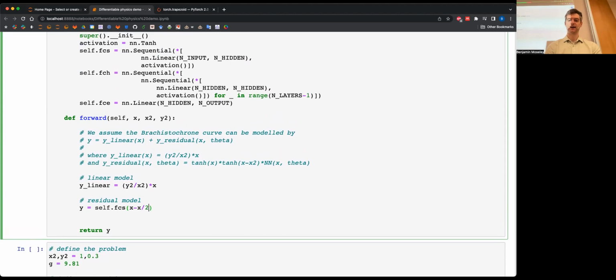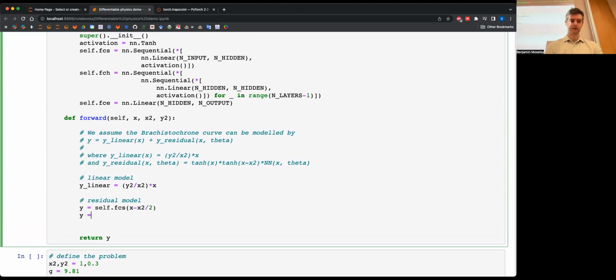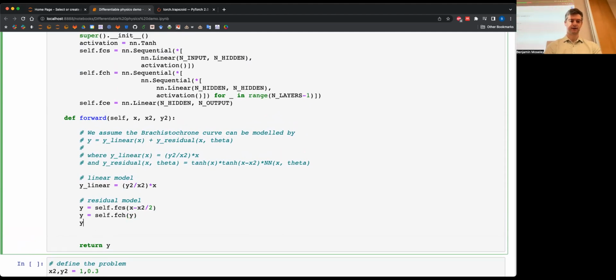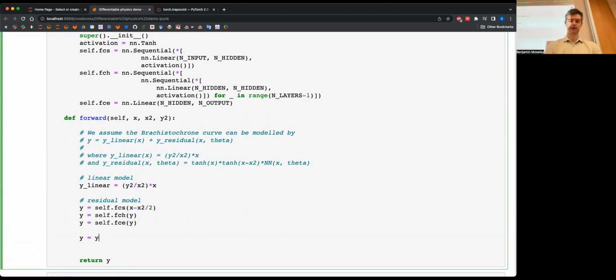I'm also going to normalize x with respect to x2, just because that's good practice for neural networks. Then we pass it through the hidden layers like this, and then the final layer like this. So we've got a couple of hidden layers and the final layer. Cool, and then our final model is just going to be the linear model plus the neural network output. Does that make sense?